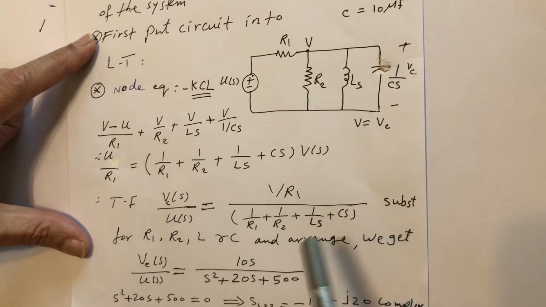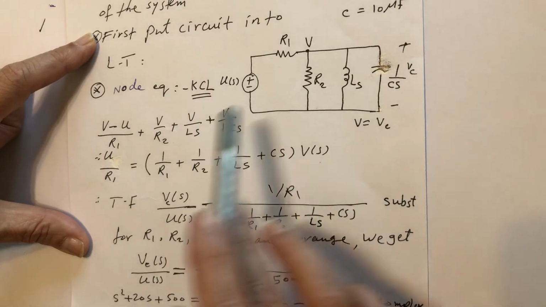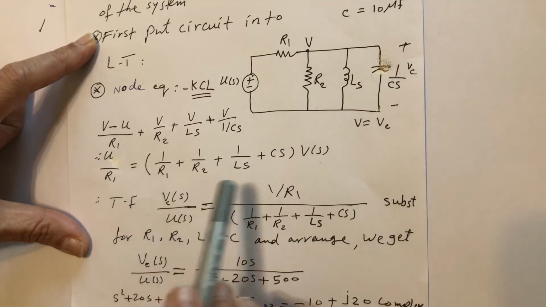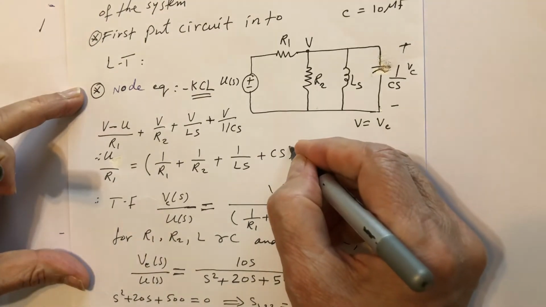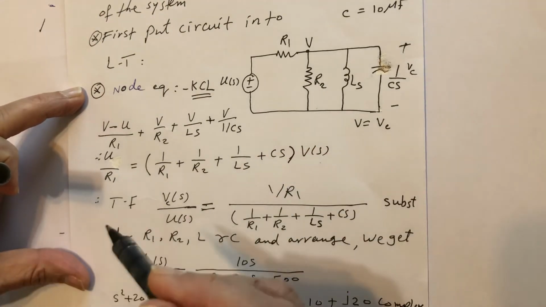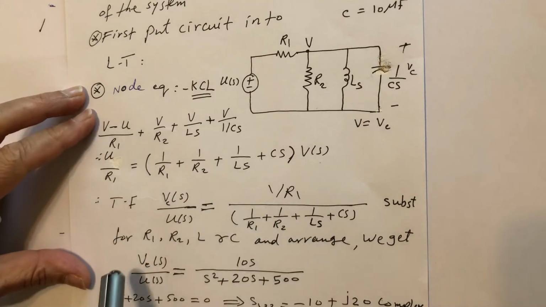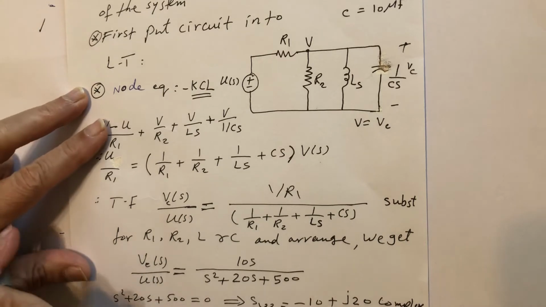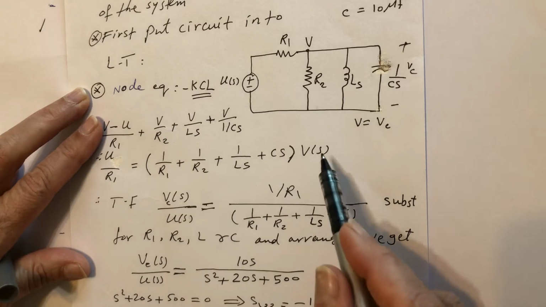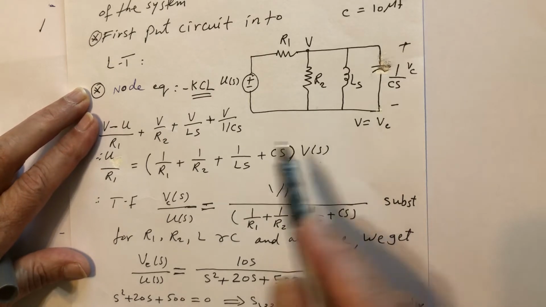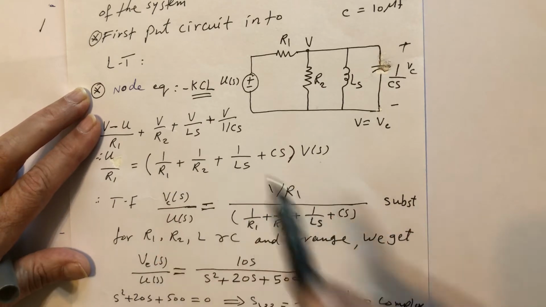Now all that is left is to put everything related to V, which is VC, on one side, and put U, which is the input, on the other side. So I'll have U over R1, and so the transfer function V over U equals 1 over R1 over whatever I have in here.